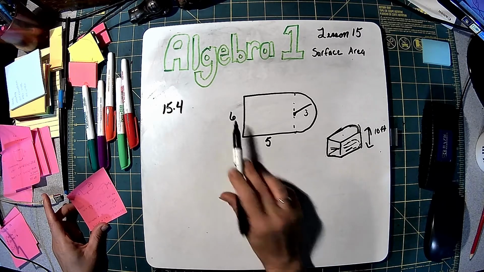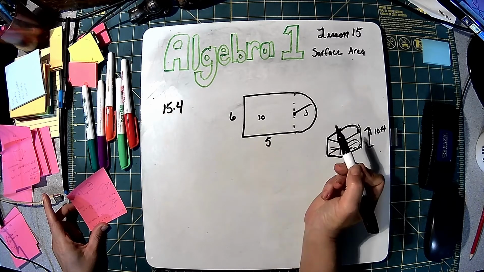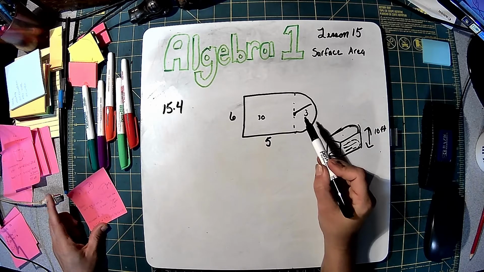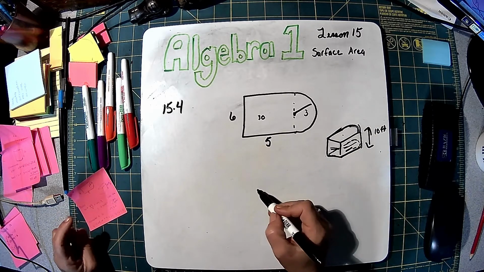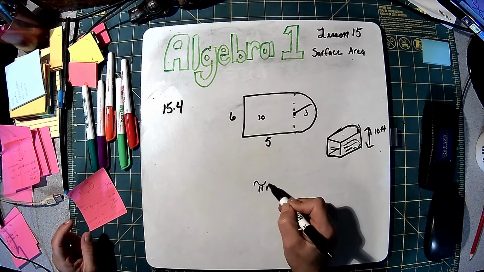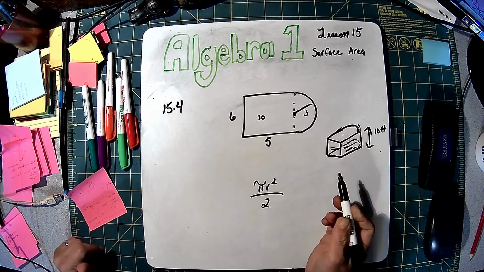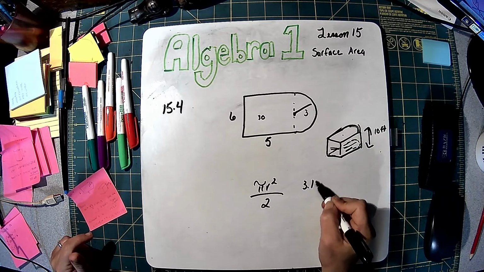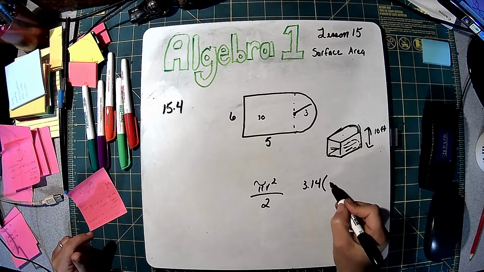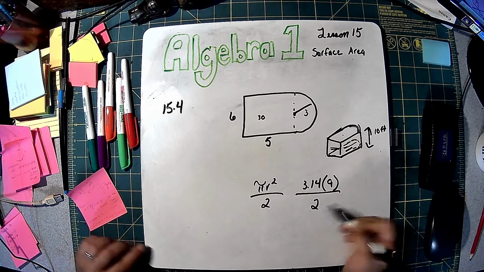Alright, so for the bottom and the top, we're going to have to figure out the area of this figure. We know that we have 6 times 5, so that part will be 30. And then we need the area of half of a circle. For that, it's going to be pi r squared divided by 2. Our r is 3, so that'll be 3.14 times 3 times 3 is 9, divided by 2.